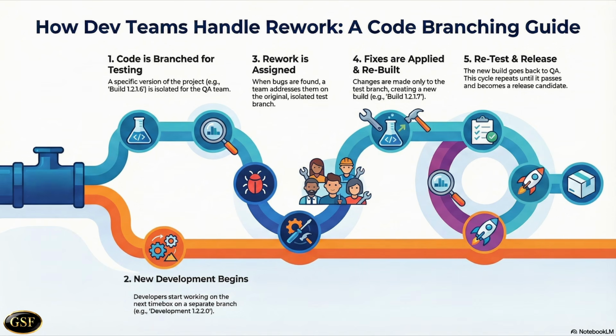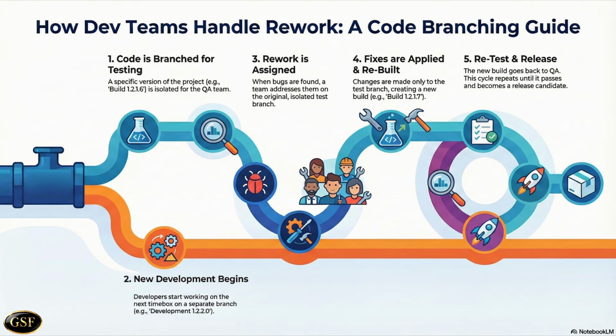When the developers start working on the second time box, they will be working on another separate branch that will have as its baseline the build version 1.2.1.6 branch. So the VMS has two independent sets of code, one for the build and test, and one for the next time box's development.